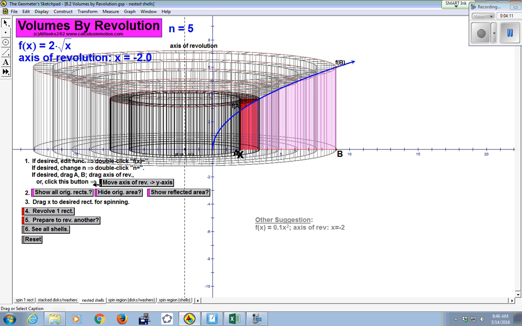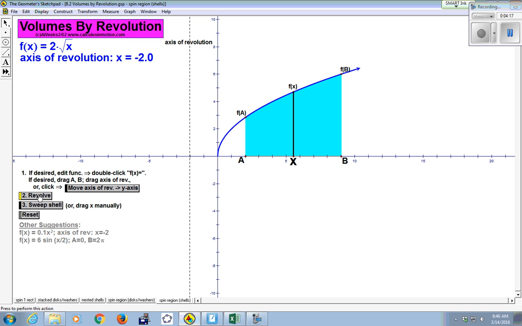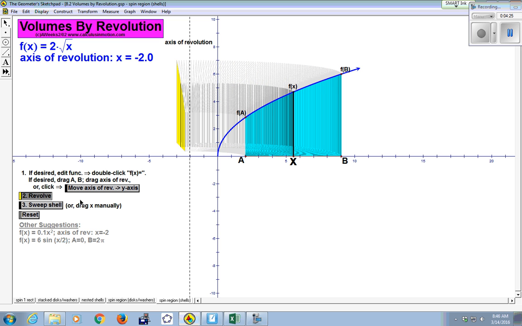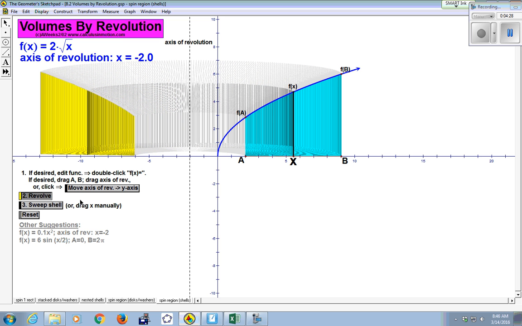Okay. We can do one more demonstration here. Again, I want to rotate this region around this axis of revolution. This time I'm doing it without the rectangles, just the region itself.